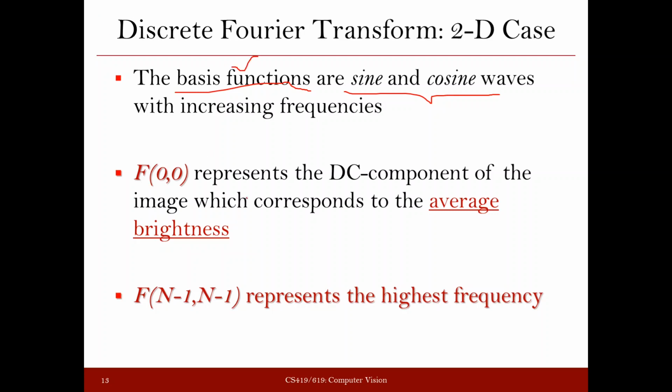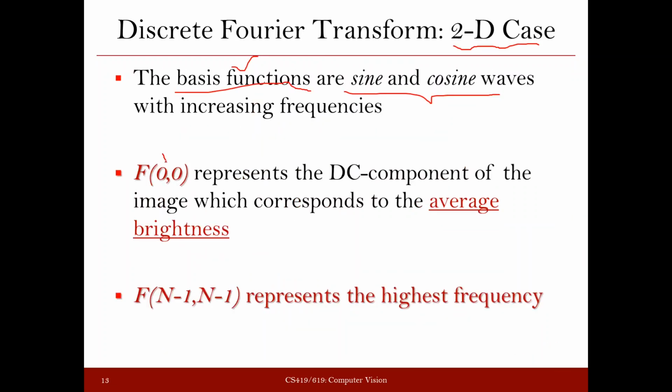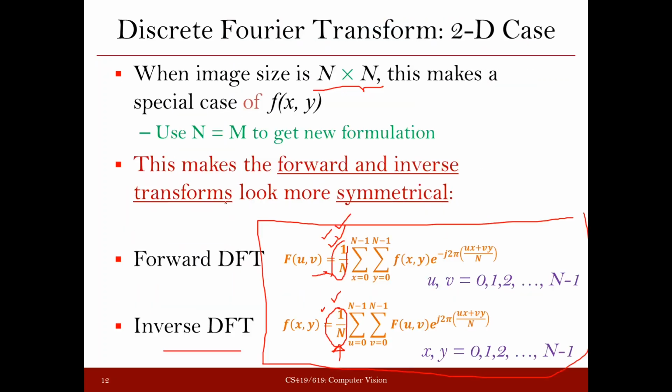Okay. Now if you analyze the 2D case of the Fourier transform, let's say we try to find out what is f00. So what is f00? Can you just tell here in this expression? F00 means you are putting u equal to 0 and v equal to 0. So when u becomes 0 and v becomes 0, what is going to be this term?